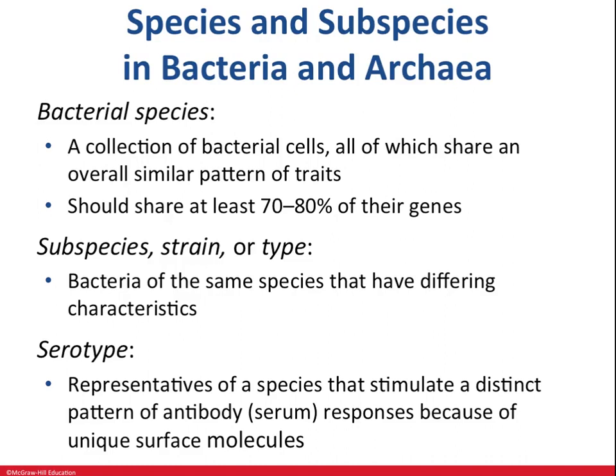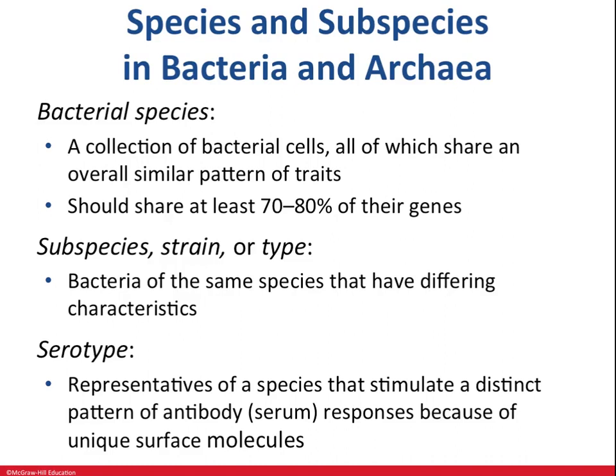Subspecies and strain: even in the same bacterial species, some bacteria may have their own specific features, so we can divide those bacteria based on their specific features into subspecies or strains.